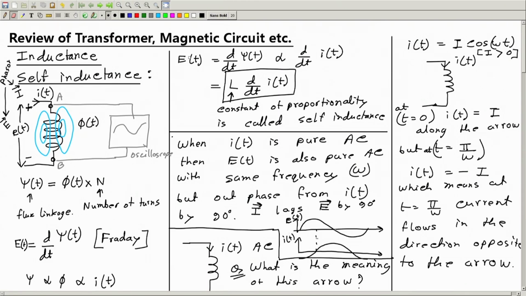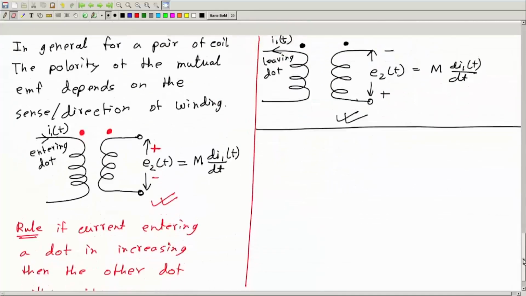So EMF, now you know that the maximum value of this EMF can be written as L omega, not J, L omega times the maximum value of I. And in phasor, when we write phasor to denote both the magnitude relationship and this phase relationship, we write it this way.